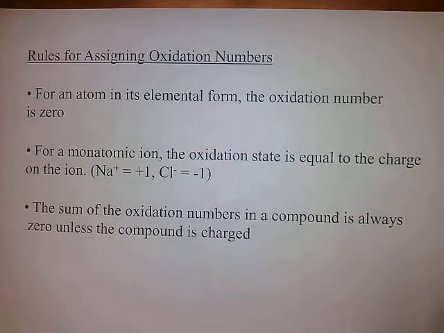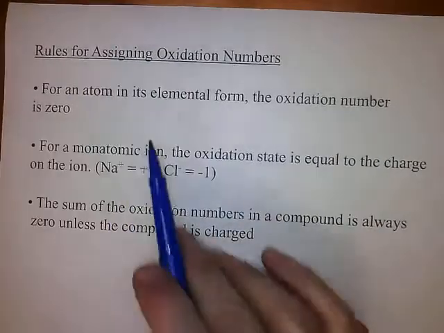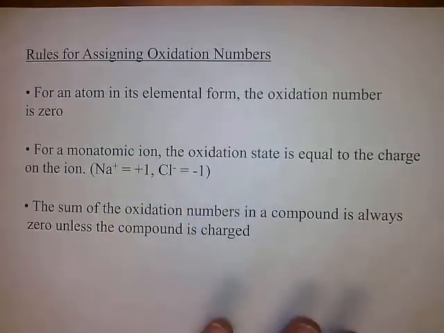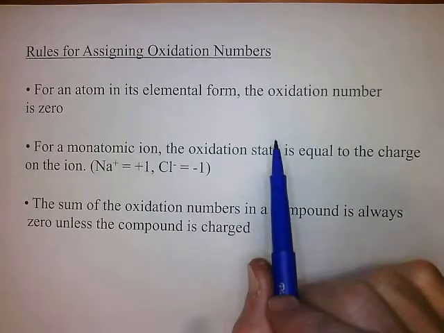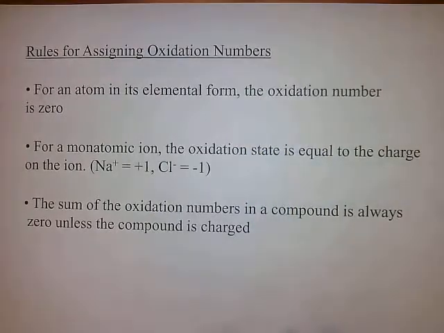When you start getting the polyatomic ions, it gets a little more complicated. So, for an atom in its elemental form, the oxidation number is 0. How are you going to know if it's in elemental form? If it doesn't carry a charge and it's not part of a compound.